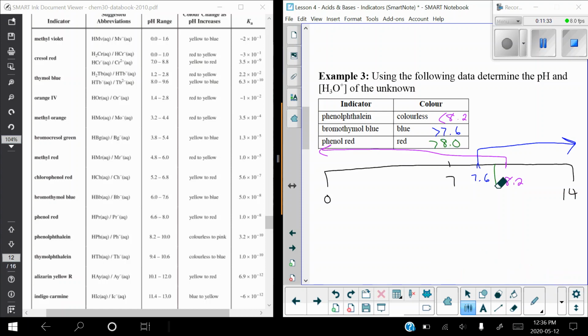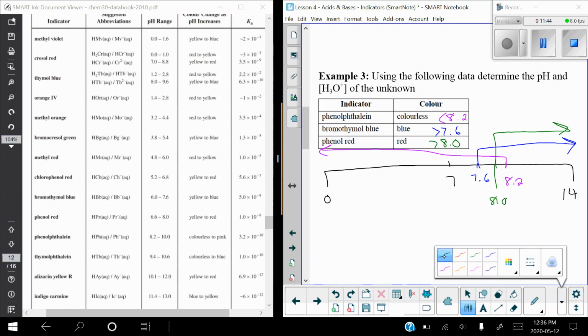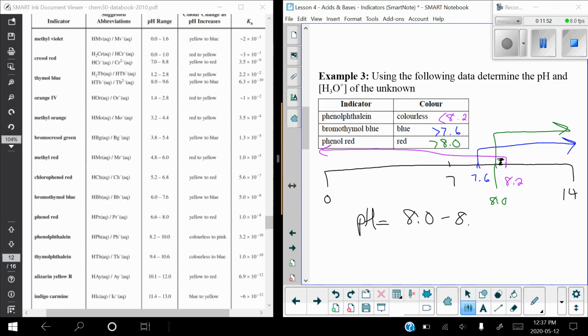So 8 is right in between these two. Now I'm going to find out where all 3 indicators overlap. And that is going to be this region right here. So pH is equal to 8.0 to 8.2. Okay, there's 1.